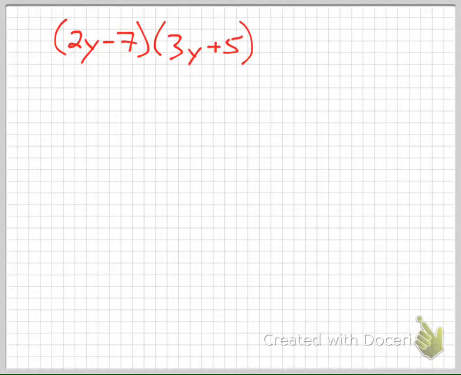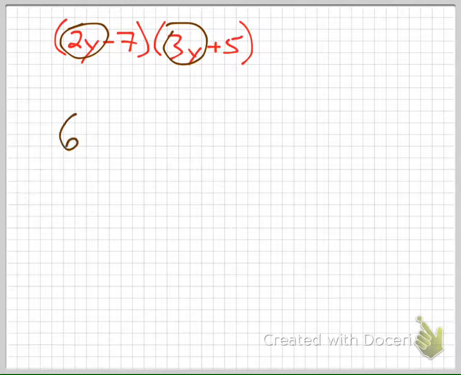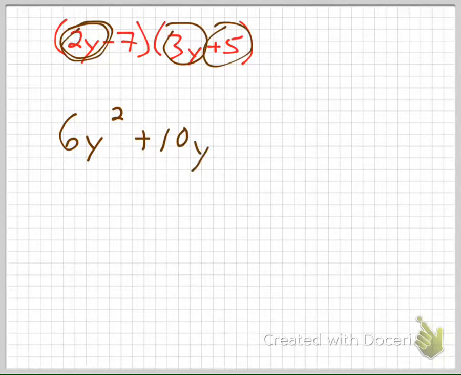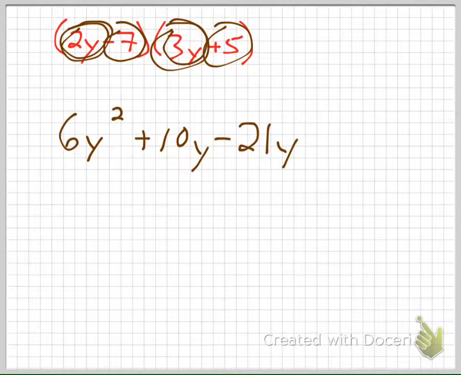All right, so FOIL method, first thing, 2y times 3y is 6y squared, right? Outside, 2y times 5 is plus 10y. Inside, negative 7 times 3y is minus 21y. And then negative 7 times plus 5 is minus 35.